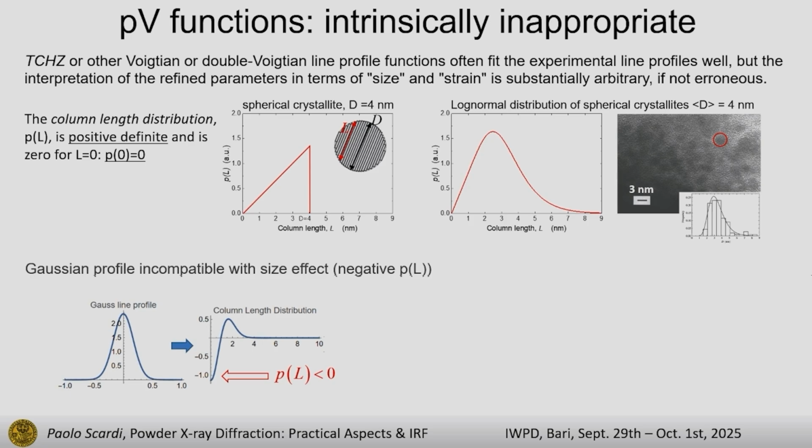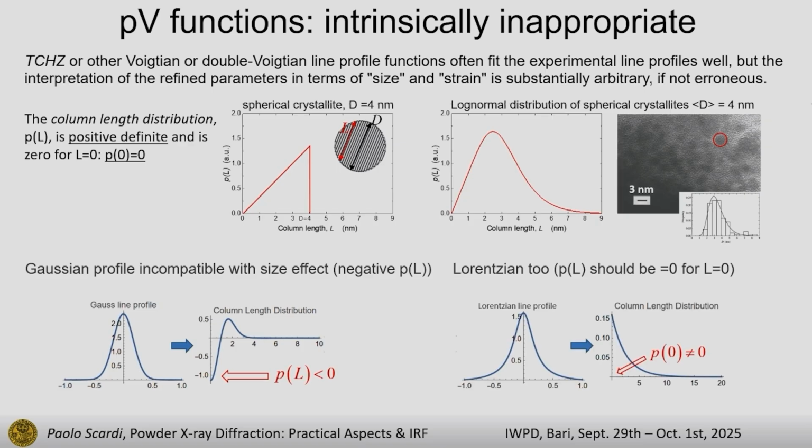Now, what about the Lorentzian? The Lorentzian is also wrong because the size distribution is an exponential, so it doesn't start from 0 at 0. So you clearly understand that using Lorentzian and Gaussian line profiles, or a combination of them, is intrinsically wrong because they simply do not have the property to describe a distribution which must be positive and 0 at 0.